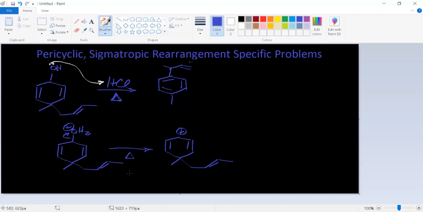So now at this point, we have to figure out a way to get this butyl group up to the top of our ring. So best way you can do that is now to do a sigmatropic rearrangement. Looks kind of weird, but, and let me go over this arrow real quick in white just for consistency.